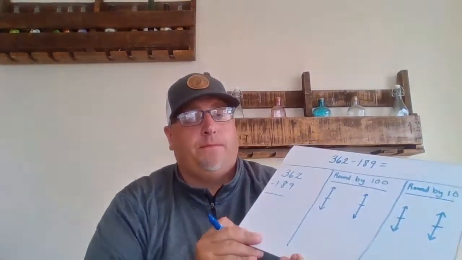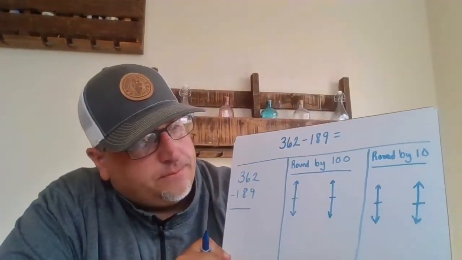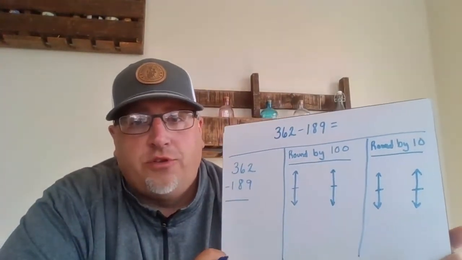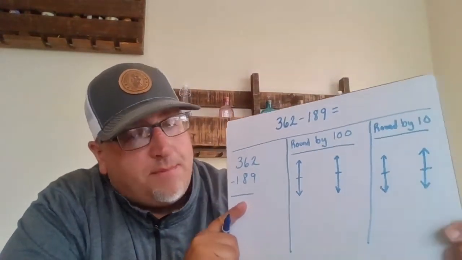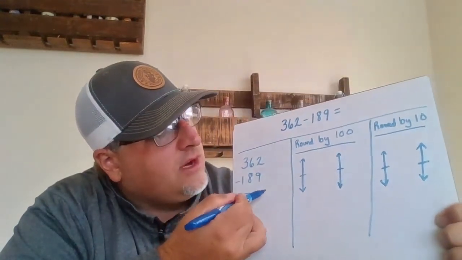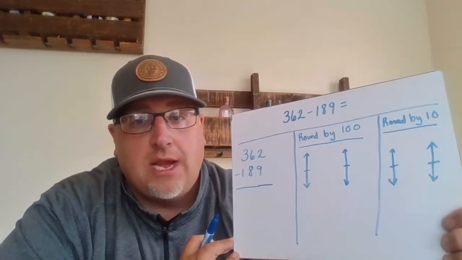Okay, so the problem we have here is 362 minus 189. And I'm going to break this down 3 different ways for you. The very easy way of doing this is just to come over here and just solve the problem. 362 minus 189.